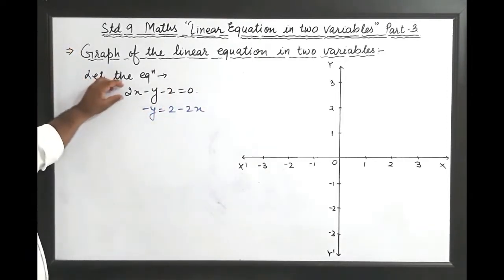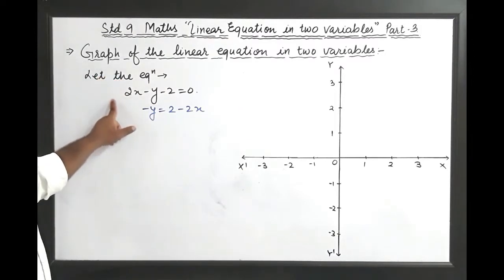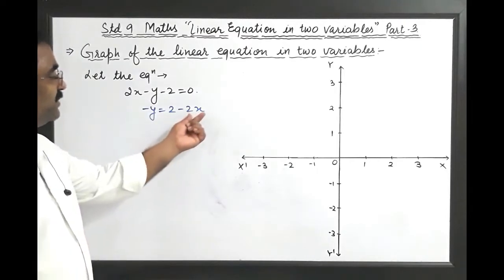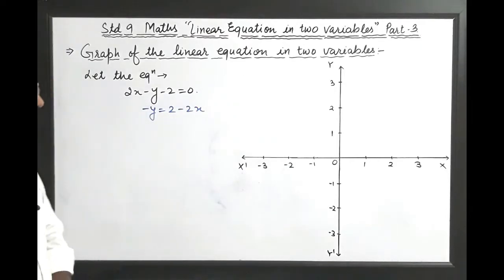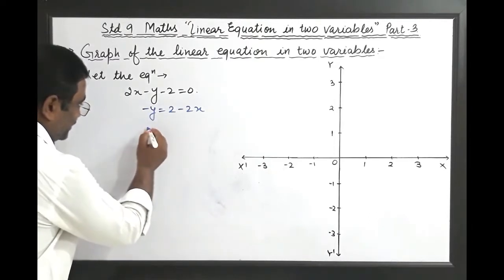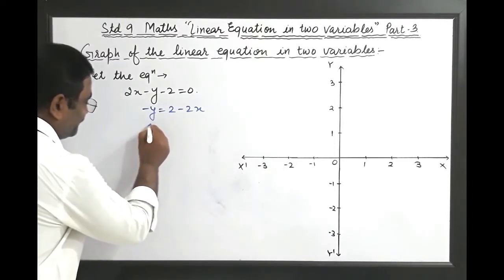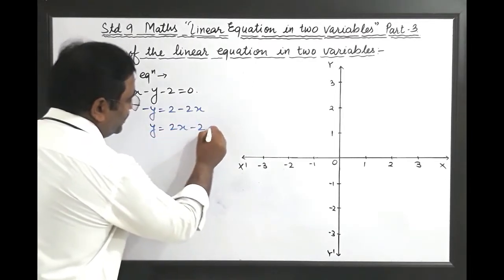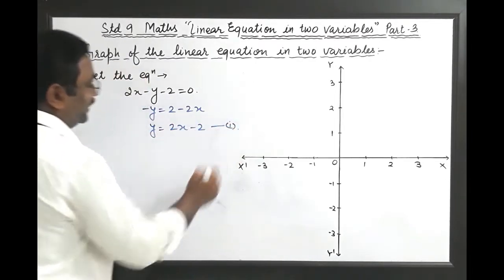Now this 2x is positive in the left side. जब हमने इसको transpose किया right side, so हमें क्या मिला? Minus 2x. So multiply this equation by the minus, you will get y is equals to 2x minus 2. Say this is equation number 1.